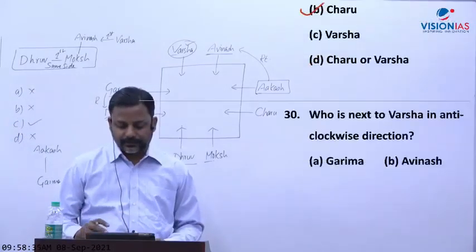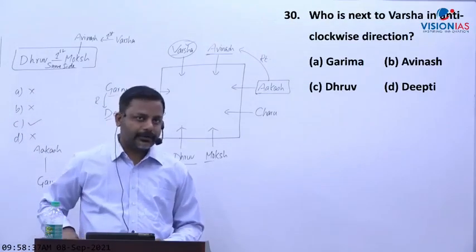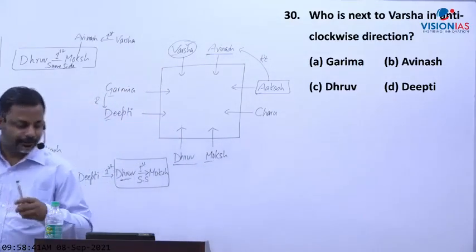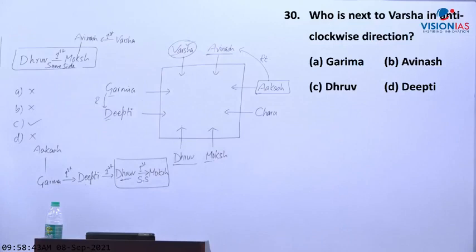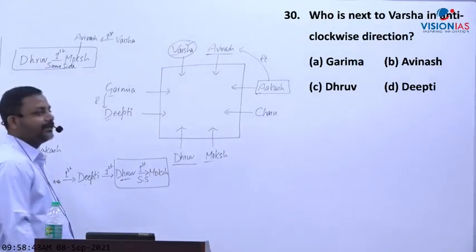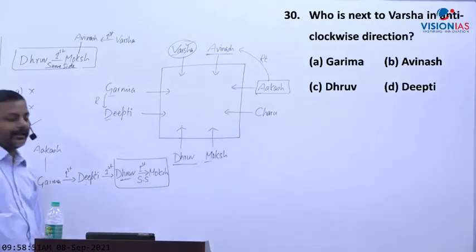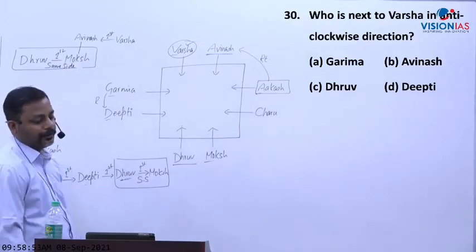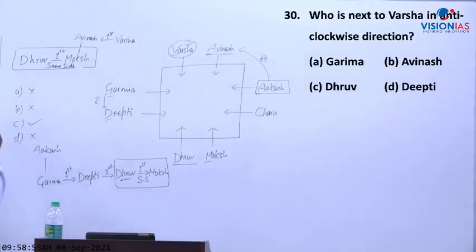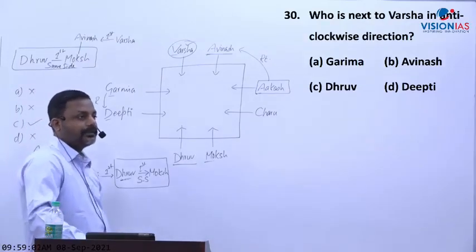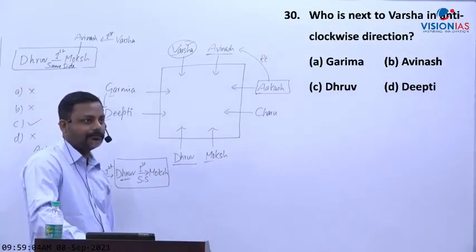Okay. Now the last and the final question of this particular topic, that who is next to Varsha in anti-clockwise direction. Anti-clockwise means right hand side. So who is towards the right of Varsha?